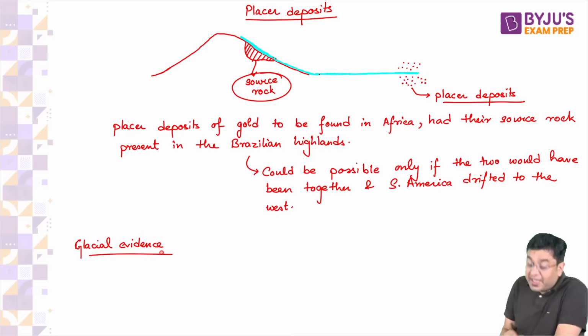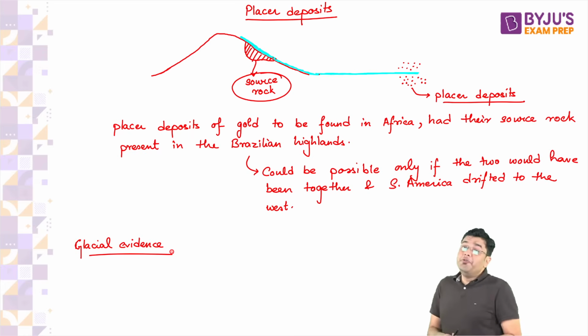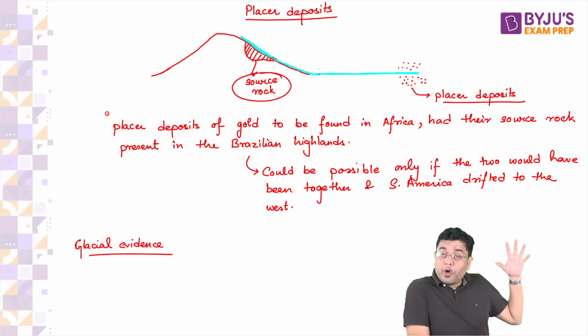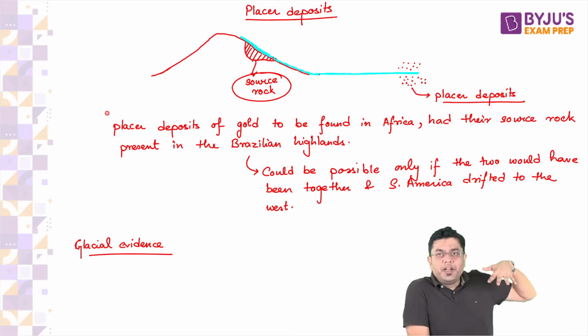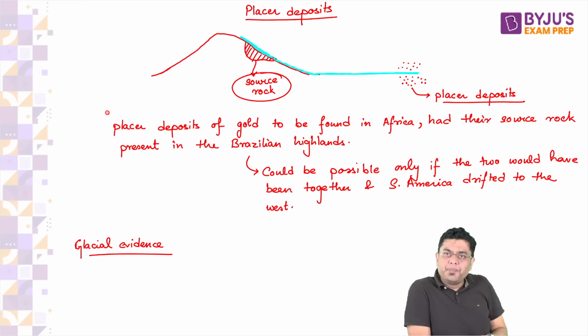Now, in the first class itself, we have seen what glaciers are. Glaciers are the massive blocks of ice which end up moving down the slope at a very slow rate. At a very slow speed, they end up moving down the slope. We have looked at that, isn't it?